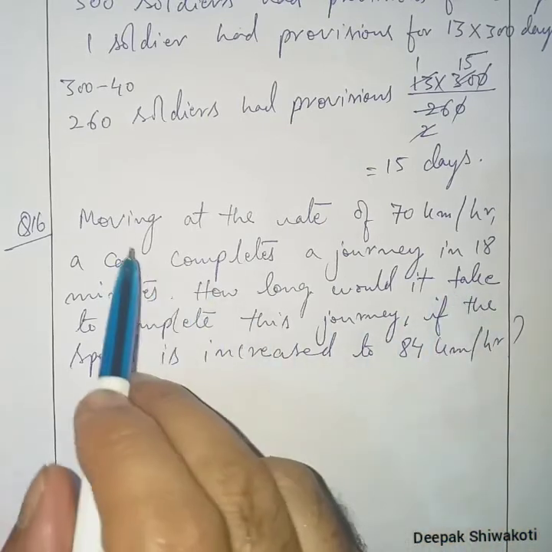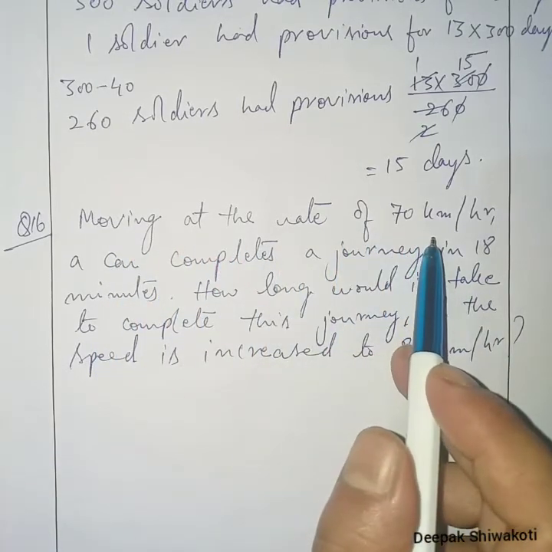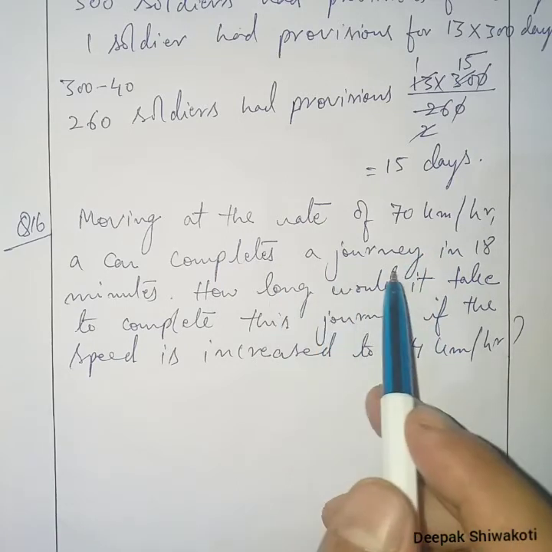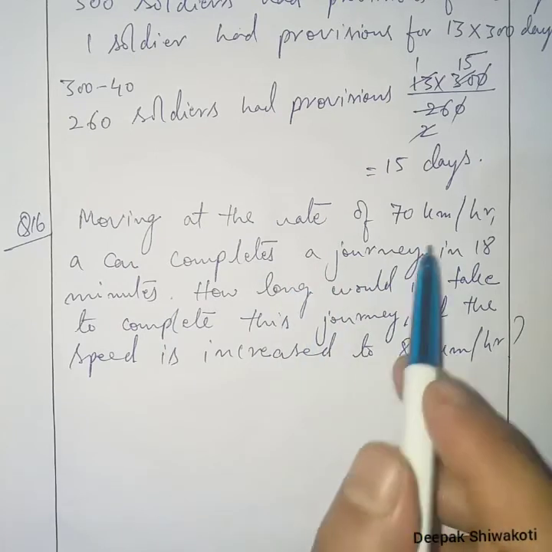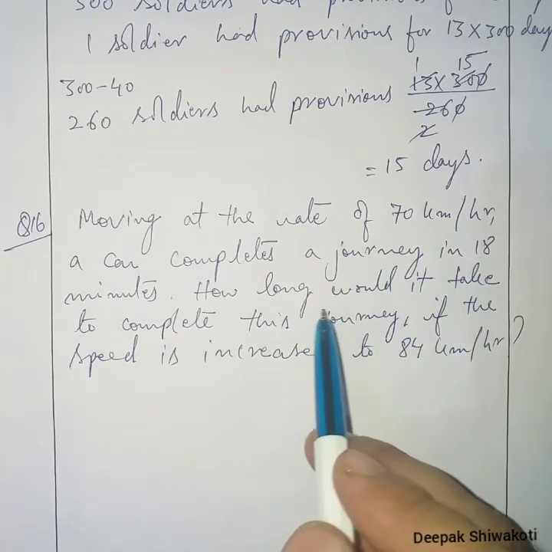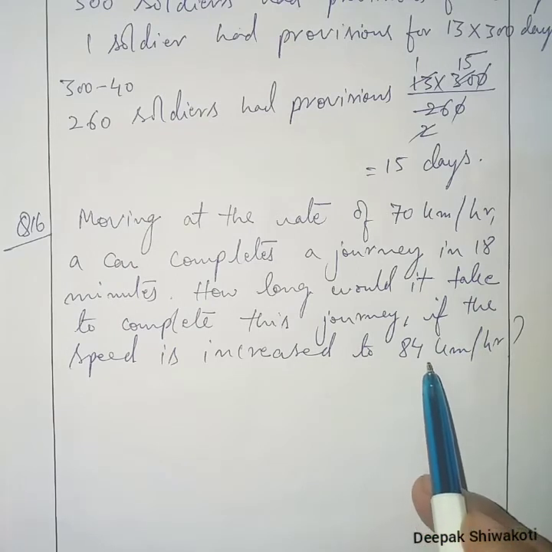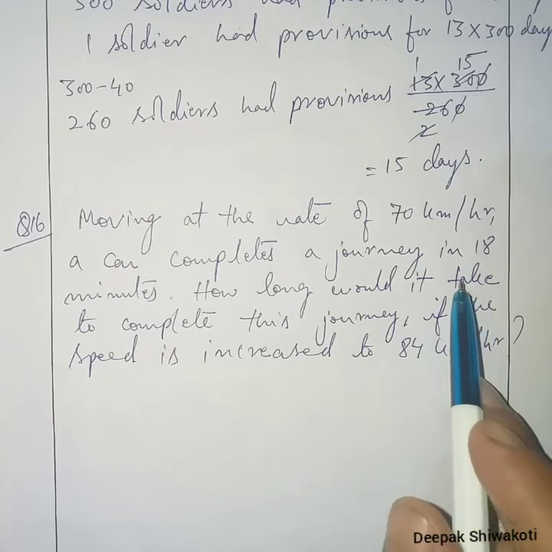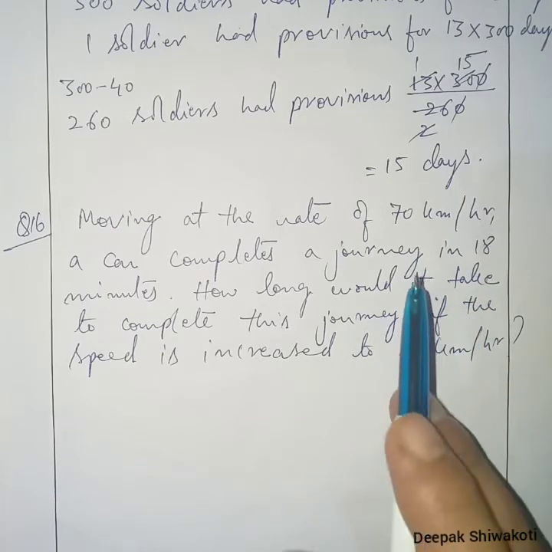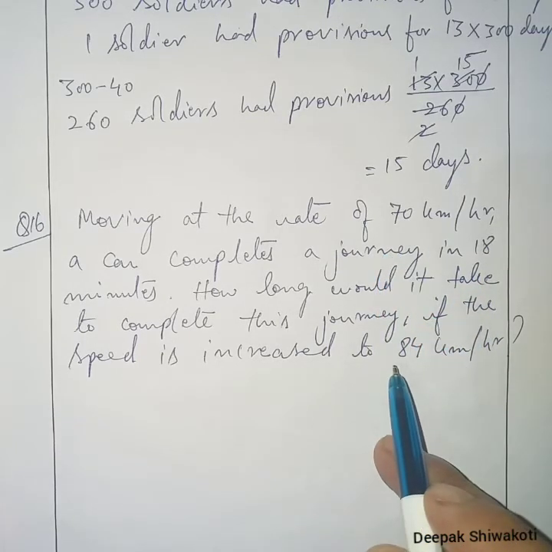So here, moving at the rate of 70 km per hour, a car completes a journey in 18 minutes. So this is the speed and the journey is complete in this time. So now with this speed, by what time will the journey be complete? So speed is increasing from 70, it is becoming 84.